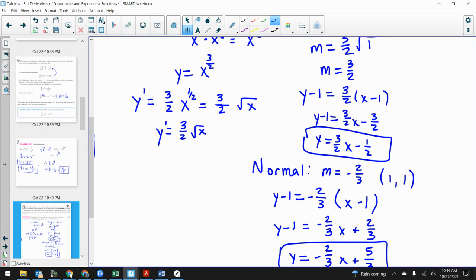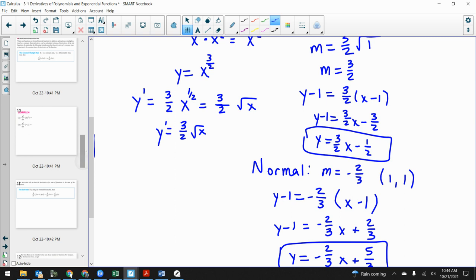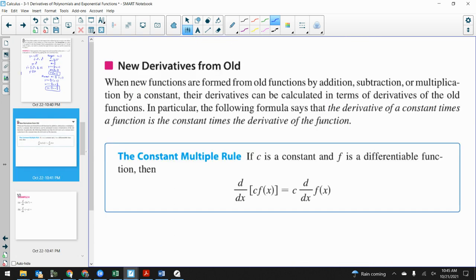We'll do one other. New derivatives from old. This basically says the constant multiple rule, okay? This whole next piece is finding derivatives using the derivatives that we've just learned. Finding more derivatives.